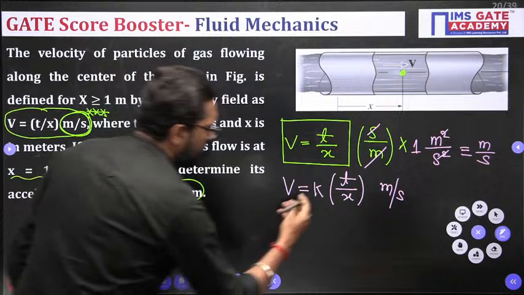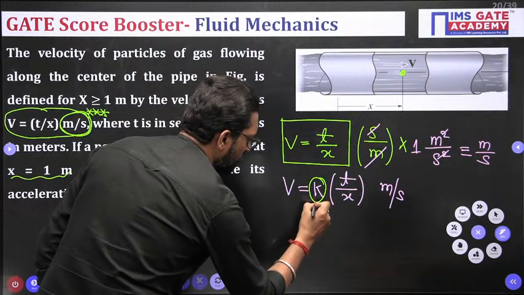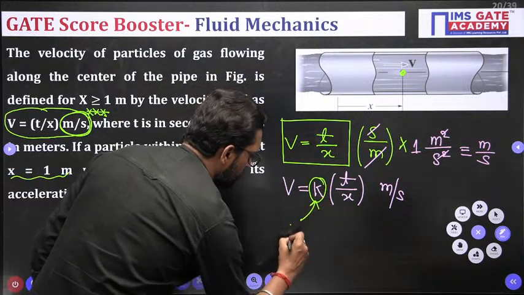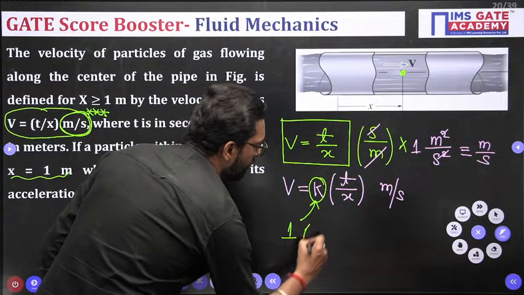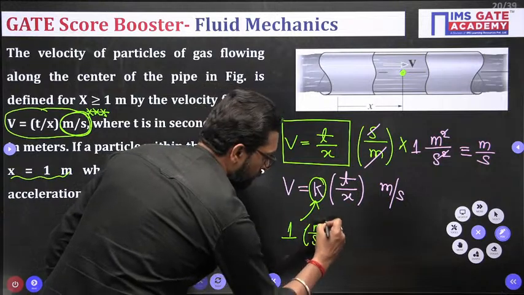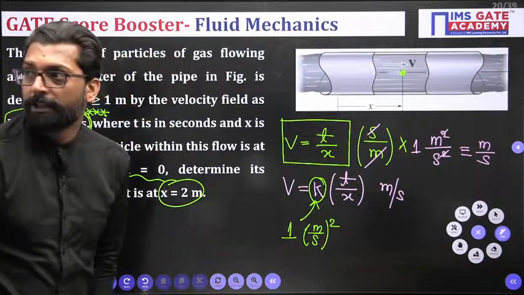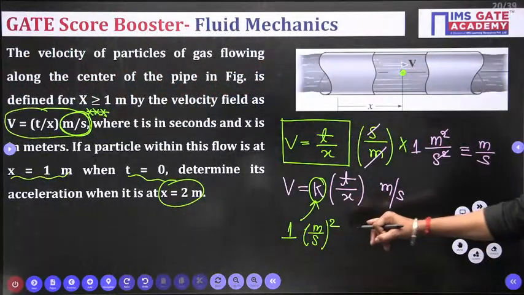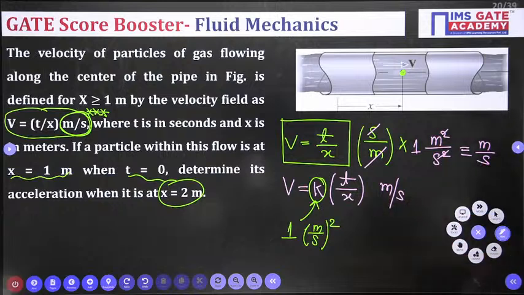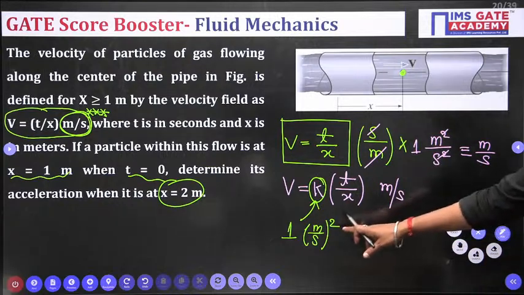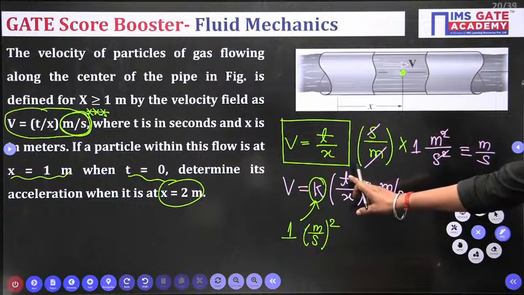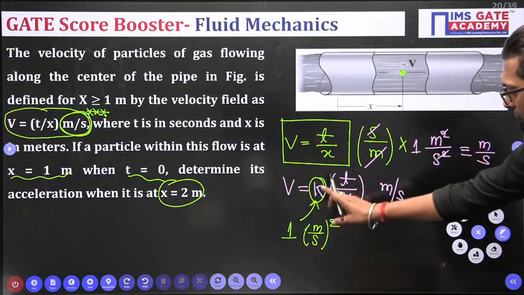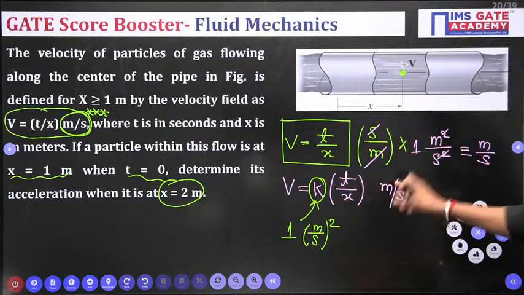Why? Because the constant, let's suppose, is 1 meter by second the whole square. Clear? It is given like that. So the unit automatically is meter square by second times second by meter, the meter cancels, so this is meter by second.